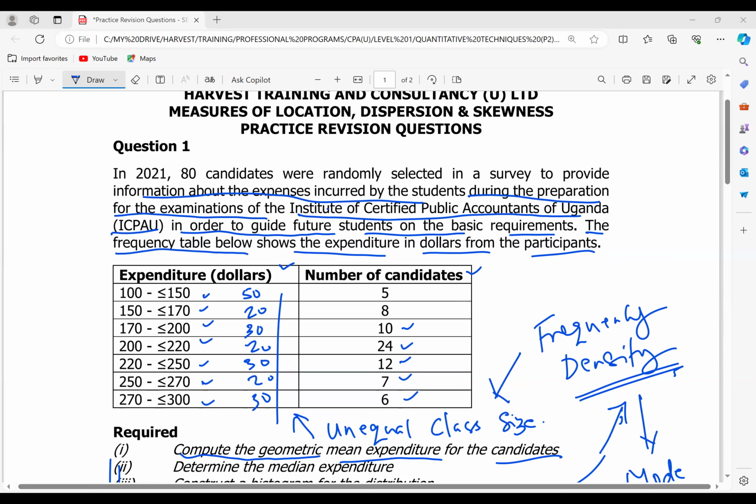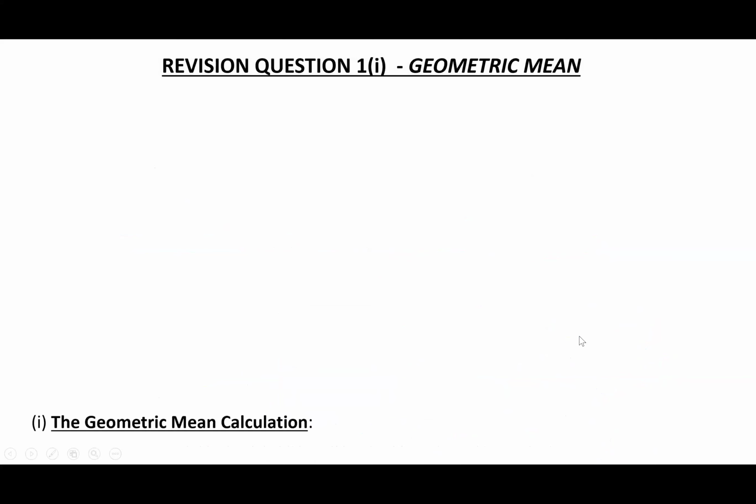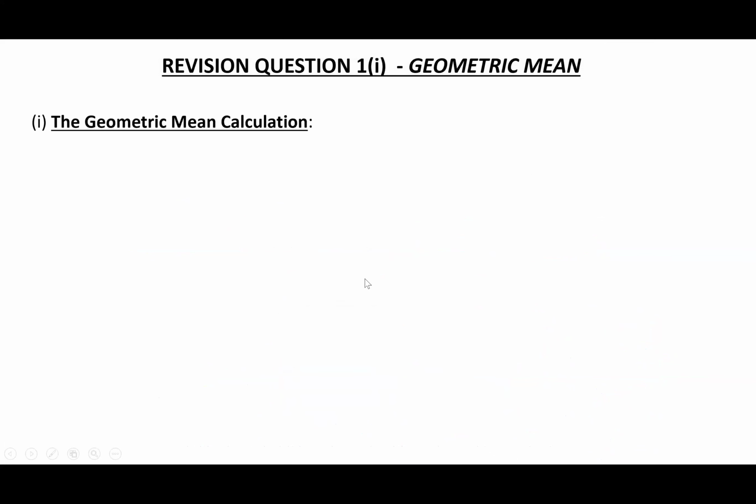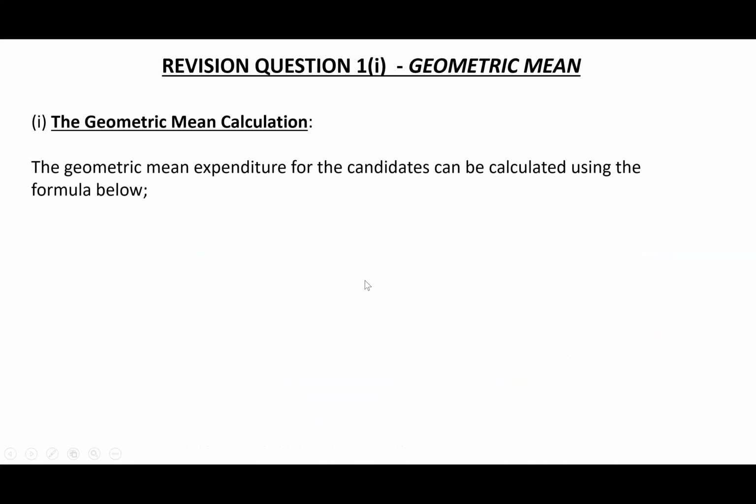Now, the geometric mean that we are looking at here is the geometric mean of grouped data. The geometric mean can be for grouped and ungrouped data, so we are going to look at both of them.